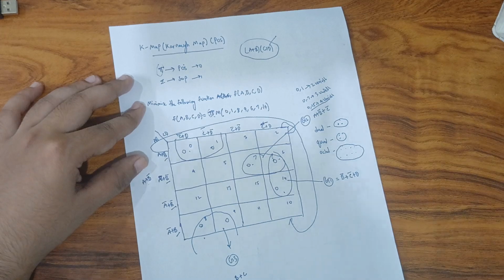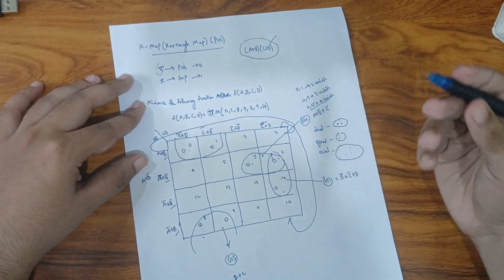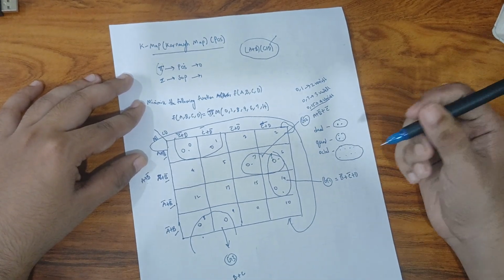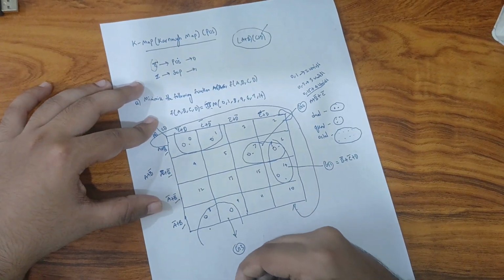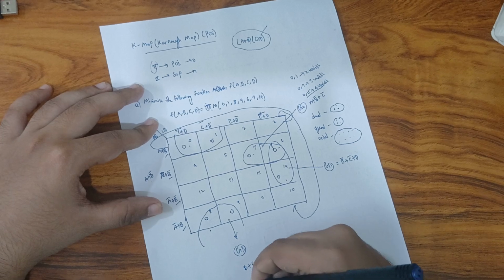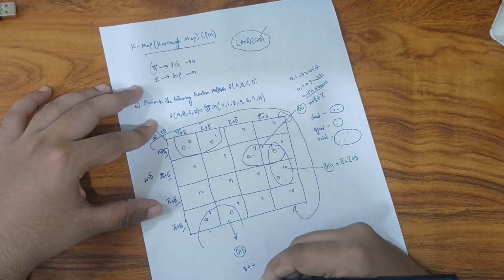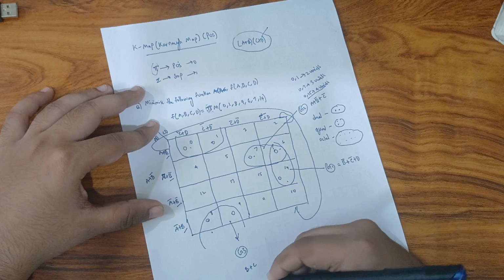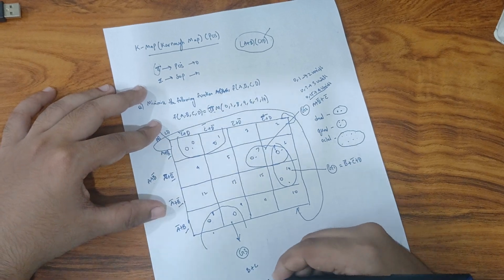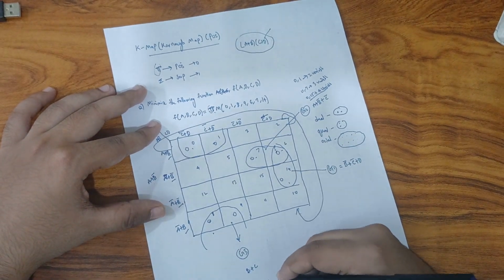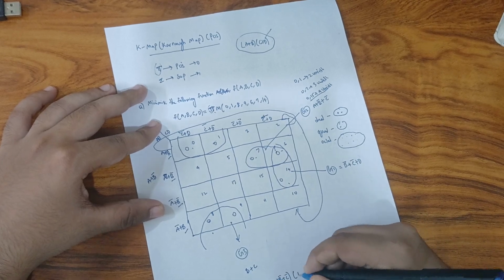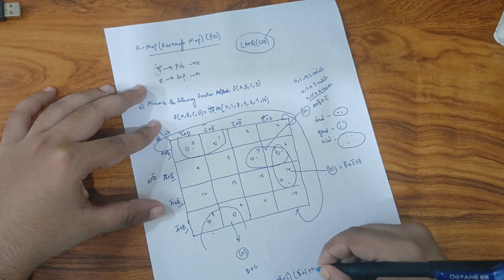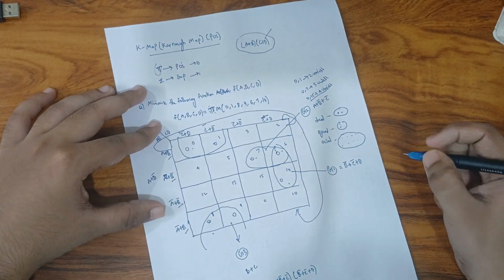We mapped all the groups and we formed the POS derivatives. Now let us actually write the final POS equation. So there we go. The final POS equation is B plus C. I'm not writing it in order, but it's not a problem if you don't write it in order. I'm just writing it. So this is our final POS expression.